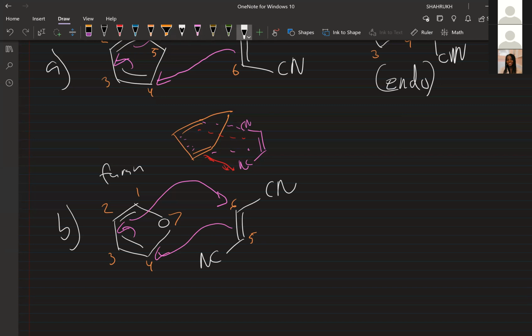So now let's draw our base cyclic structure. Let's label these 1, 2, 3, 4. Can you make the part where the oxygen is 5 and make the other numbers? Okay.